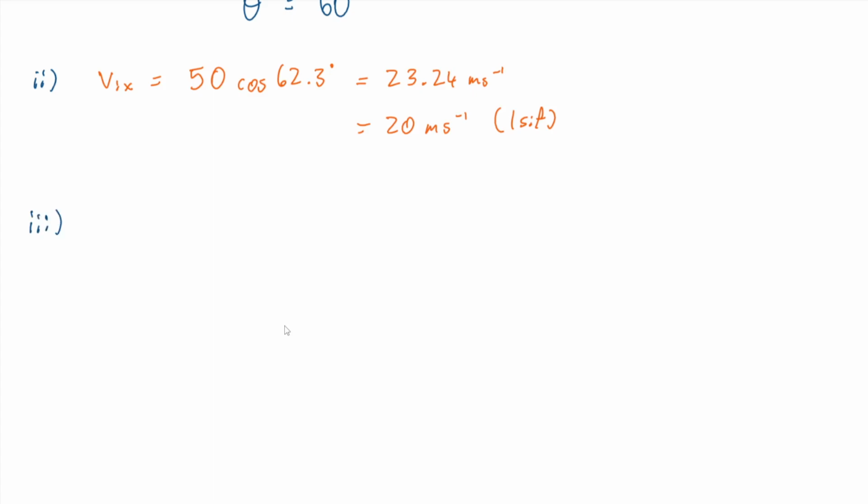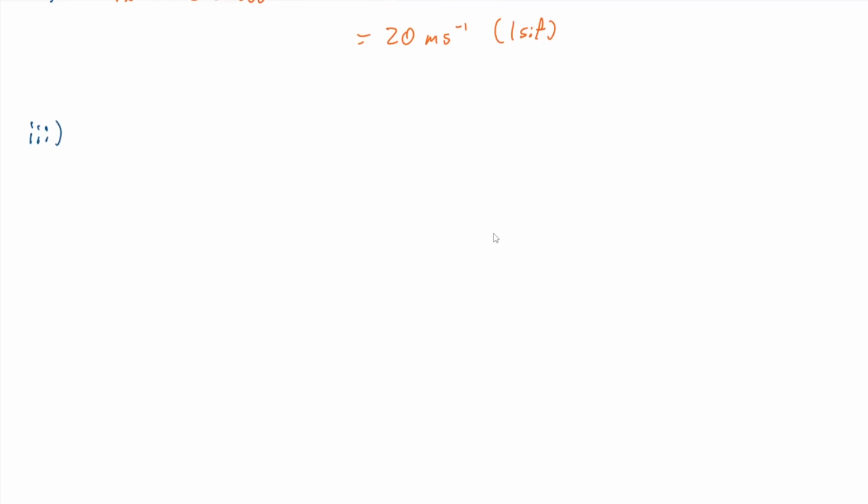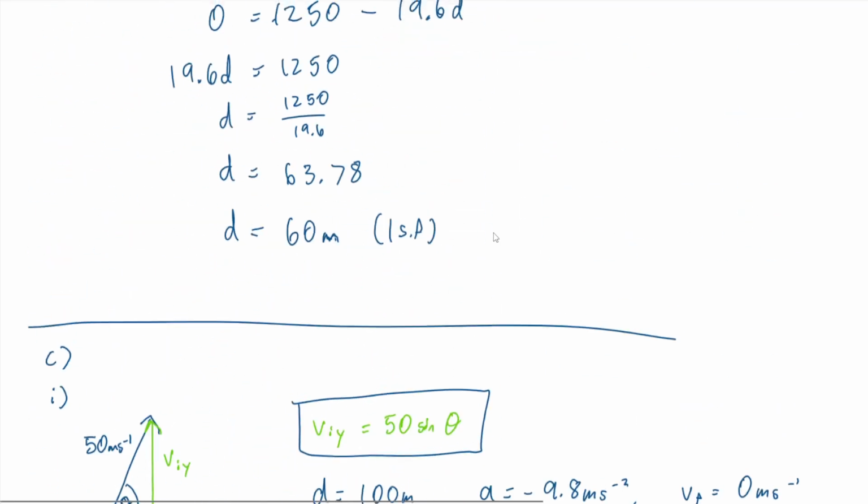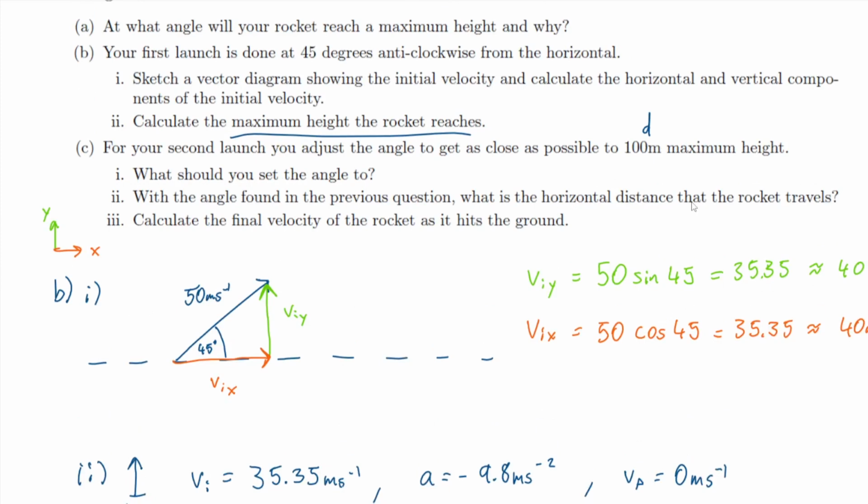Part 3 was to calculate the final velocity as it hits the ground. So, it didn't say in the horizontal or vertical direction, right? Just the final velocity, which means we need to find the horizontal and vertical components and then use Pythagoras' theorem to find the resultant vector.